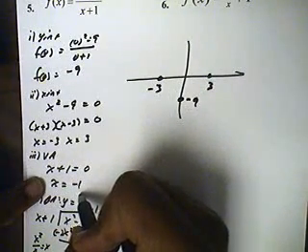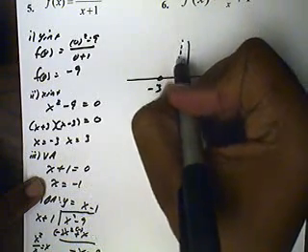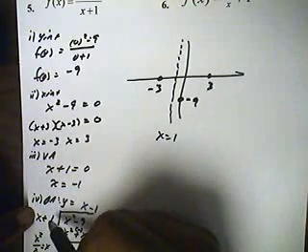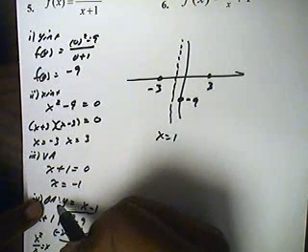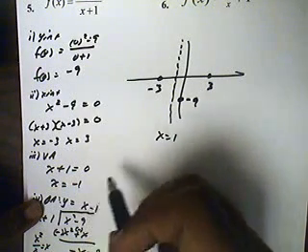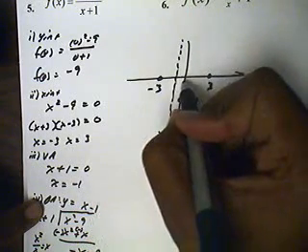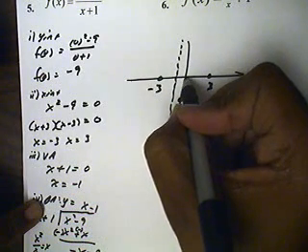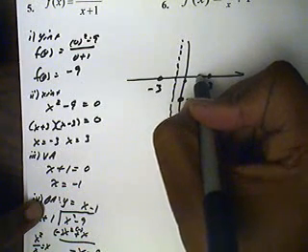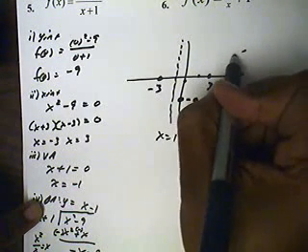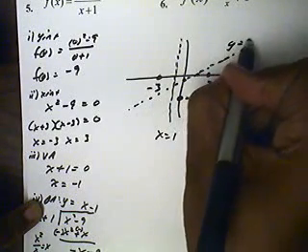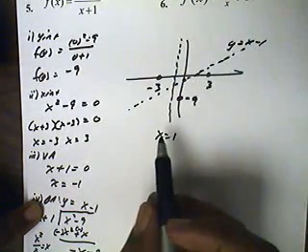We'll also have a vertical asymptote at x equals negative 1, and an oblique asymptote at y equals x minus 1. So minus 1 is right about here. And say up 1 over 1 should be about there. Okay. And that's y equals x minus 1.